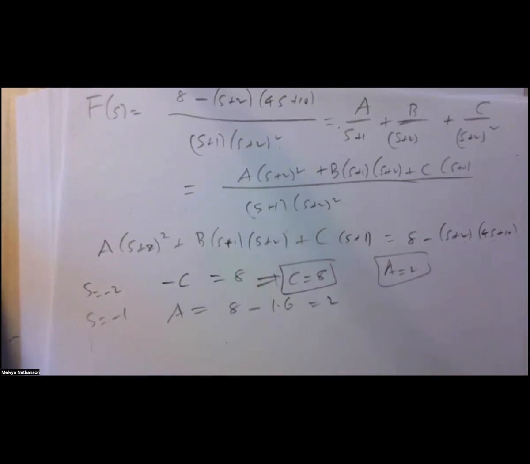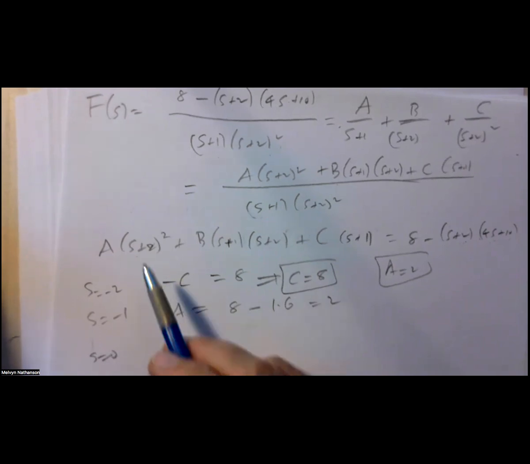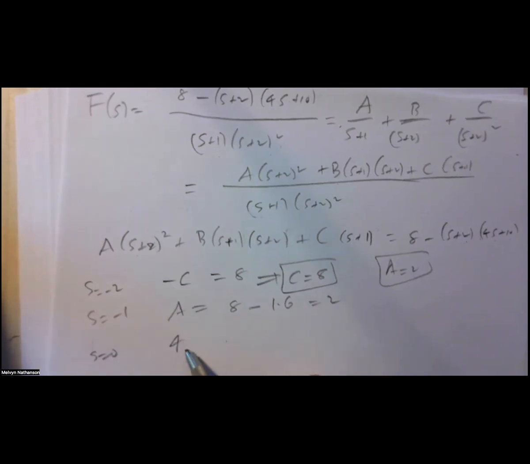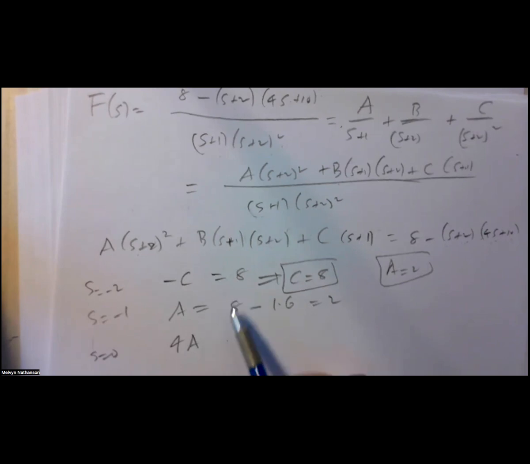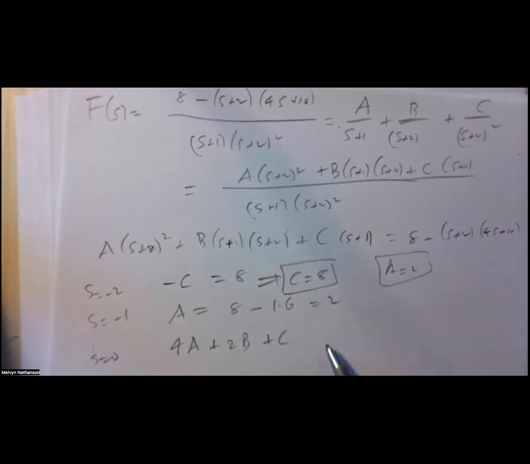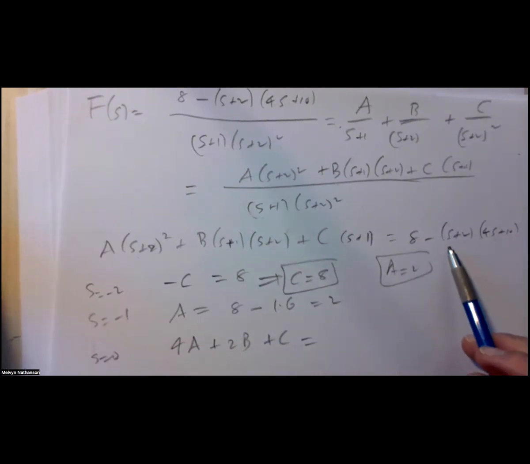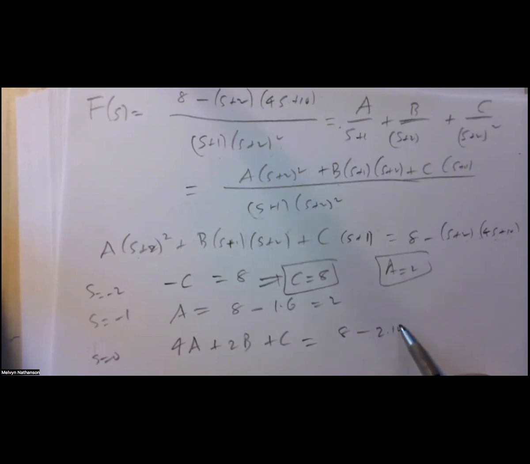How do I find b? Well, I just choose some number for s. Maybe I'll choose s equals 0. At s equals 0, this is 4a plus 2b plus c equals, and when s is 0, this is 8 minus 2 times 10, that's 20, that's minus 12.